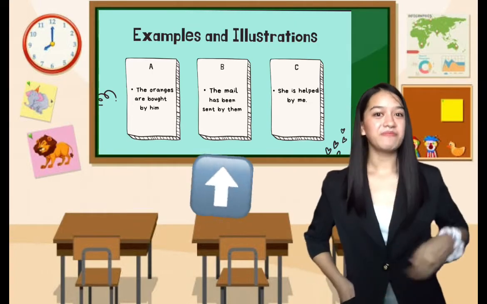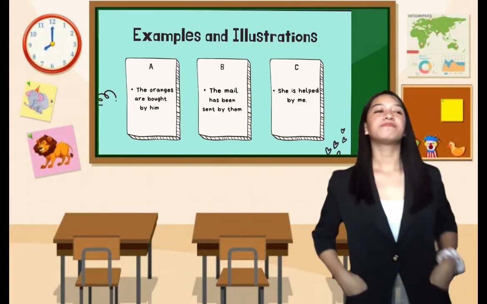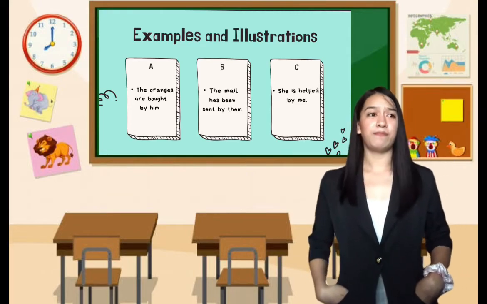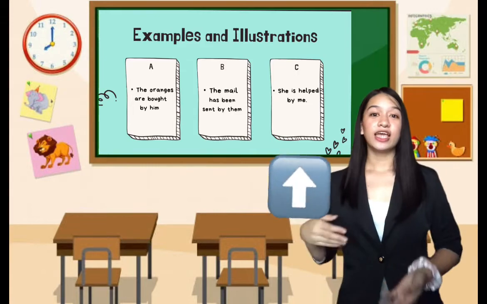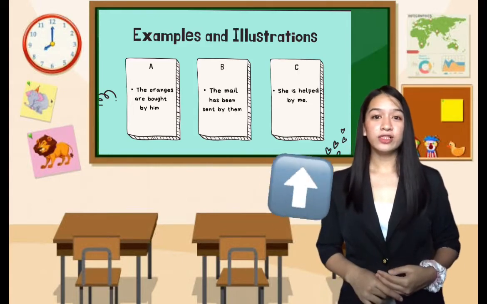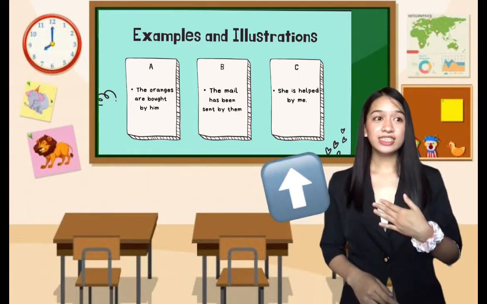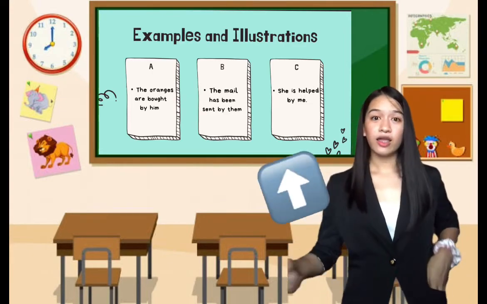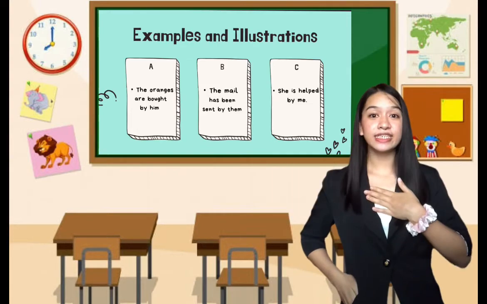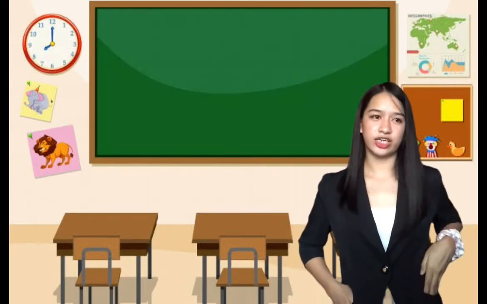In our last example: She is helped by me. In that example we will learn that she is helped by me, and me is the doer of the action.